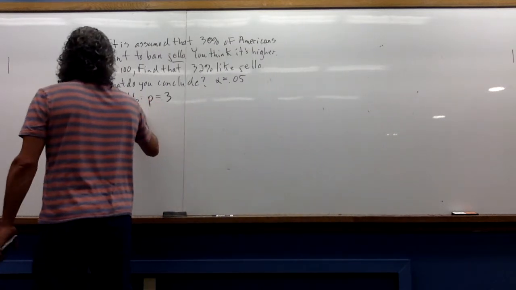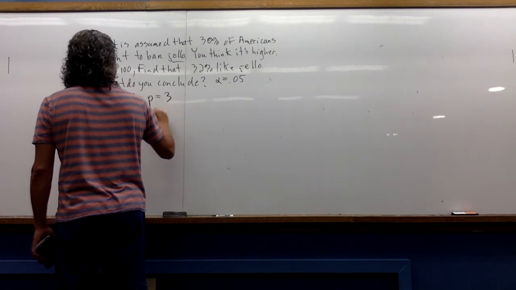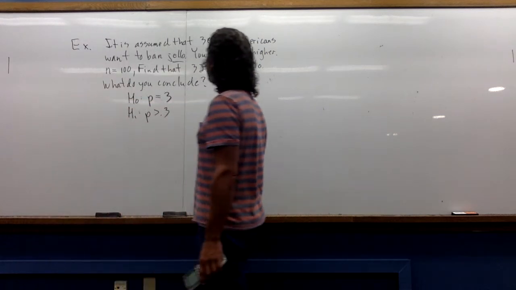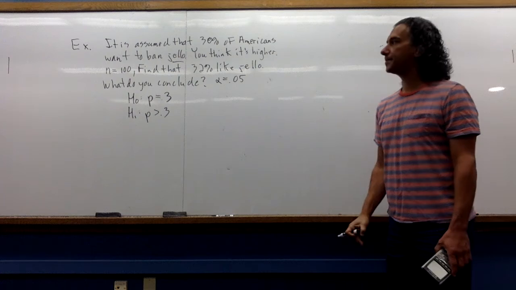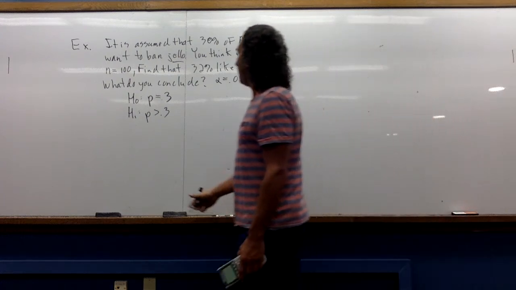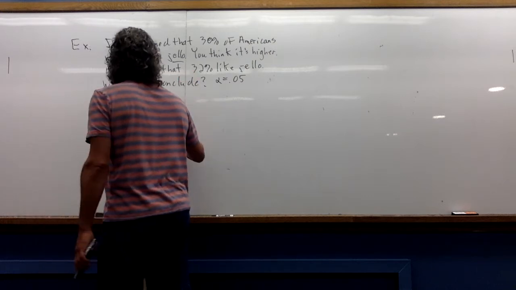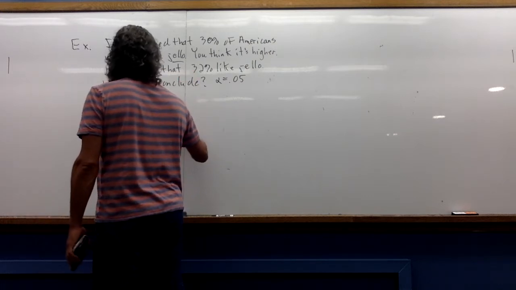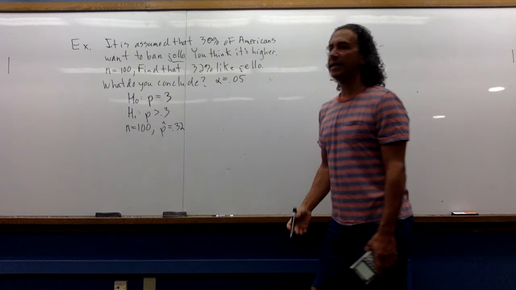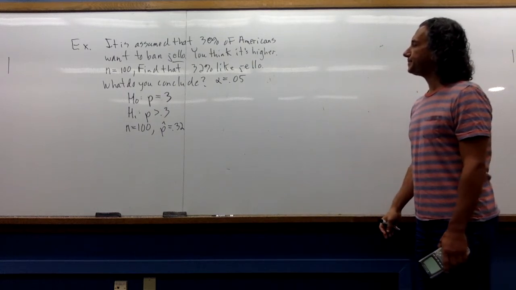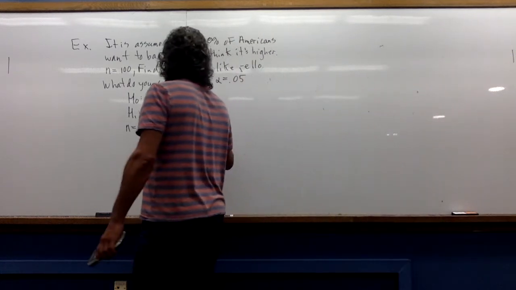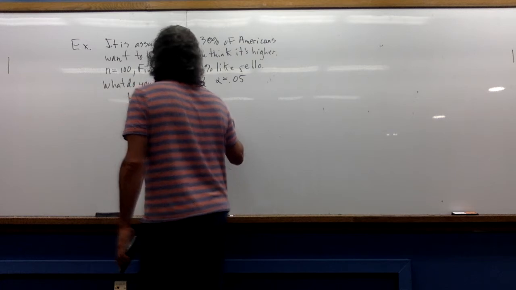The alternative is that P is bigger than 0.3 because that's what you think. We have n equals 100. We have that our P hat is 0.32 because that's the sample proportion. And we have that alpha is 0.05.